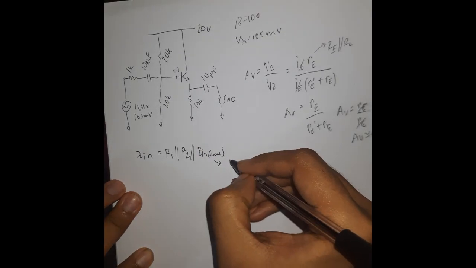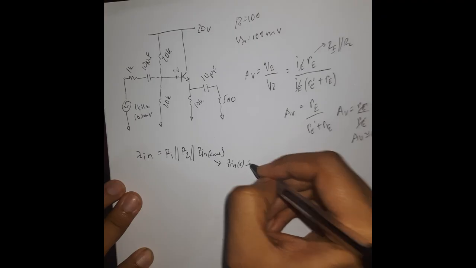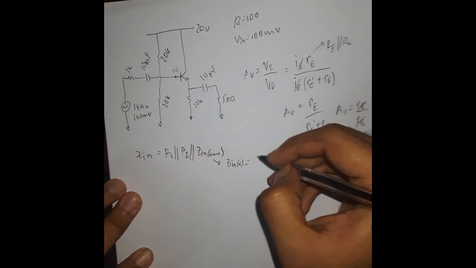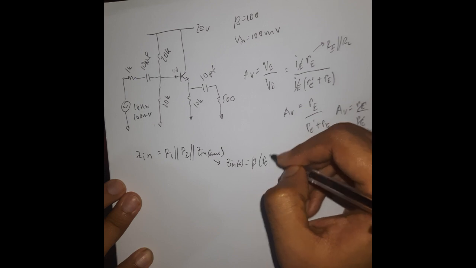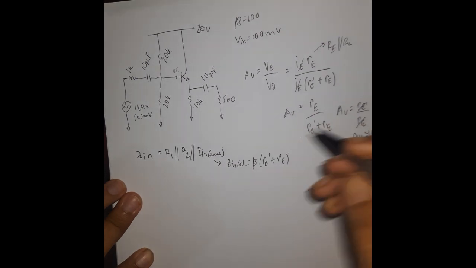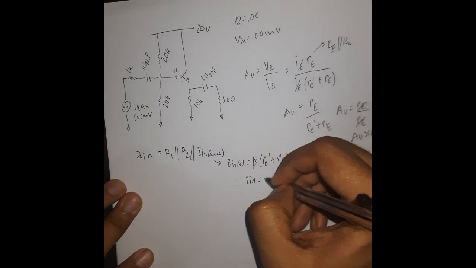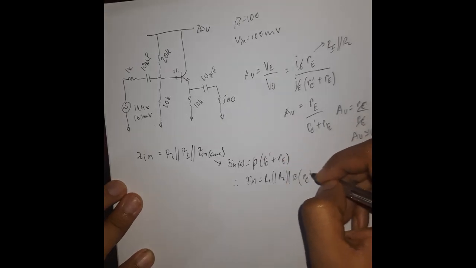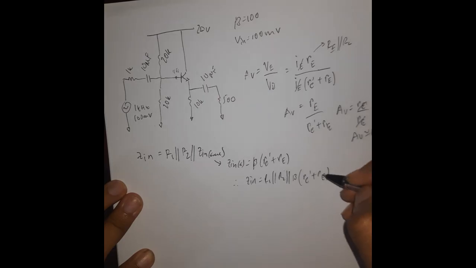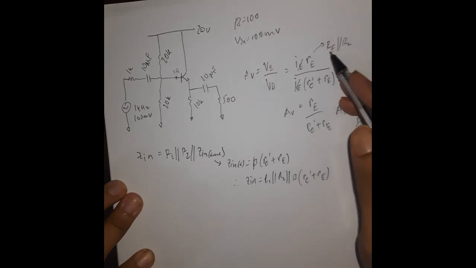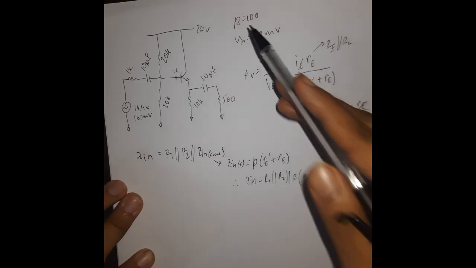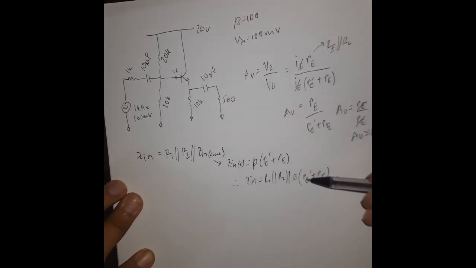The Zin base is equal to the impedance affected by this region, that means beta multiplied by re' plus RE. Therefore Zin is equal to R1 parallel R2 parallel beta times re' plus RE. RE will be provided, we can calculate it from these two. R1 will be provided, R2 will be provided, beta will be provided, 100. re' we have to calculate.